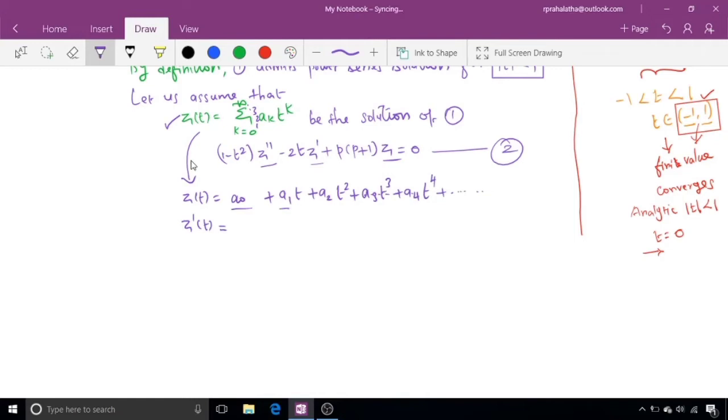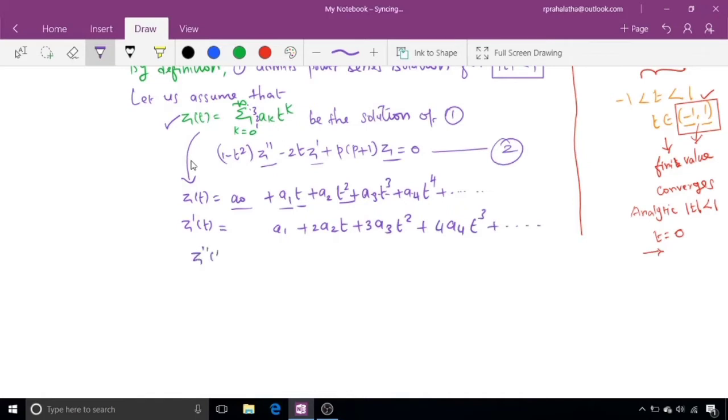So a1 is a constant, and t with respect to t gives 1, so a1 into 1, plus a2 times the derivative of t square, 2t, plus a3 times the derivative of t cube, 3t square, plus a4 times 4t power 3, and so on.